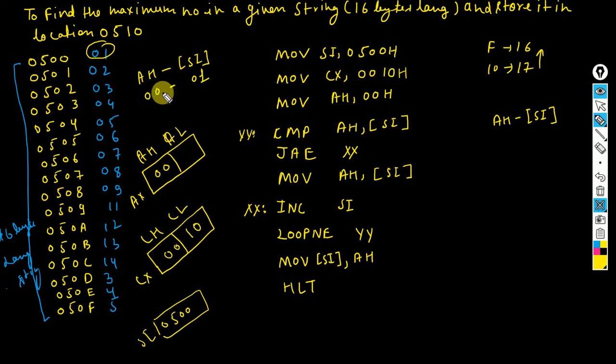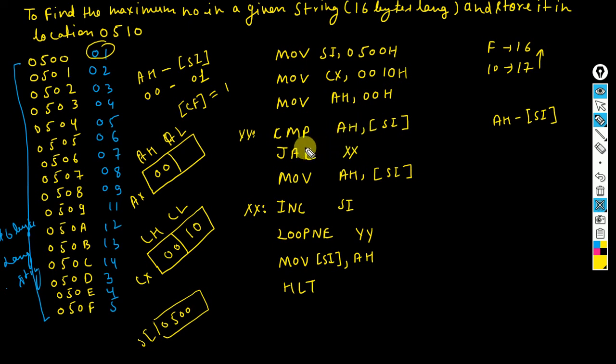When AH content is subtracted with SI, meaning 0 subtracted with 1, our carry flag status is high. Then jump above or equal means if AH value is above or equal, then the jump occurs.